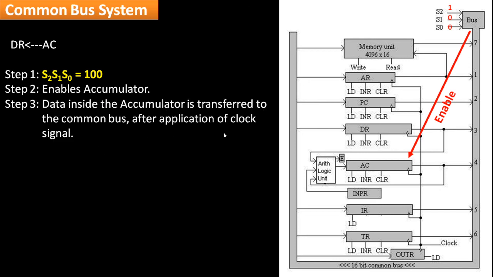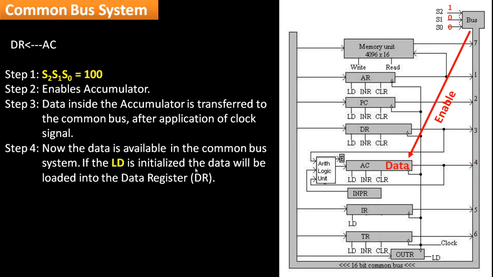Data inside the accumulator is transferred to the common bus. Since only the accumulator has been activated, all other registers are tri-stated. Hence, only the data from the accumulator will be available on the common bus. So the data is now available in the common bus, and it is also available at the input of the data register.